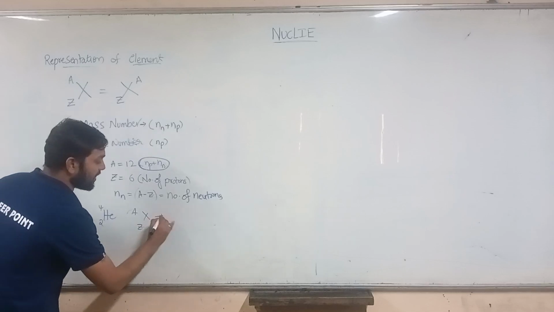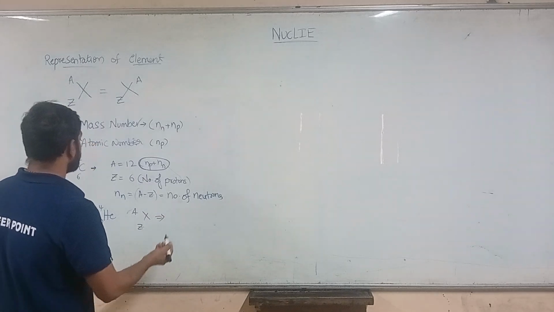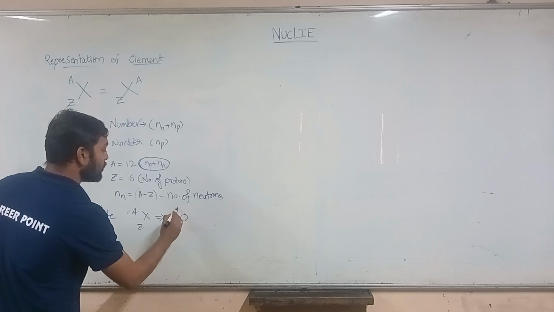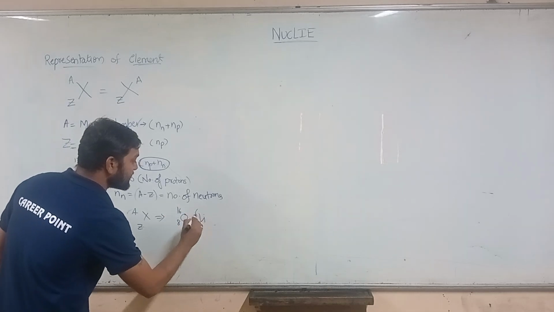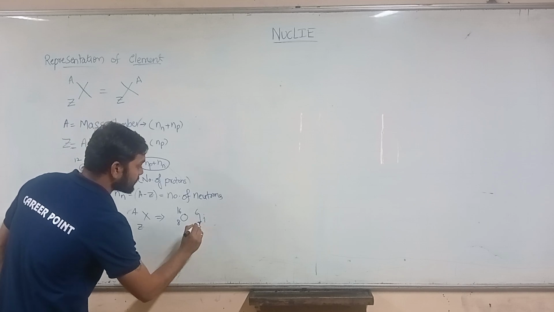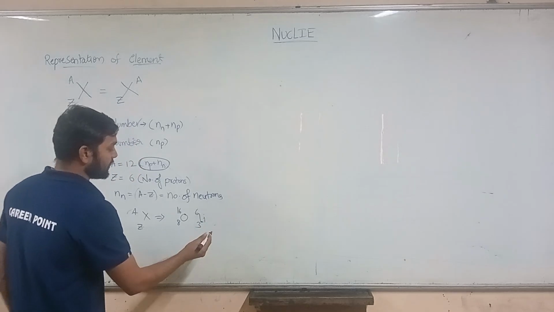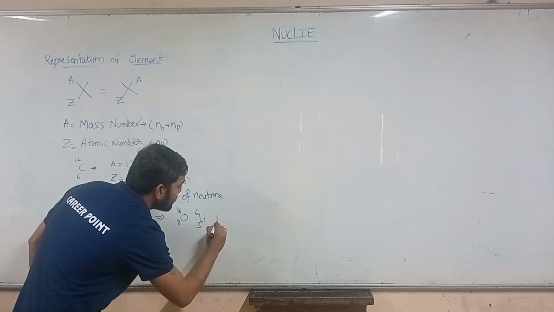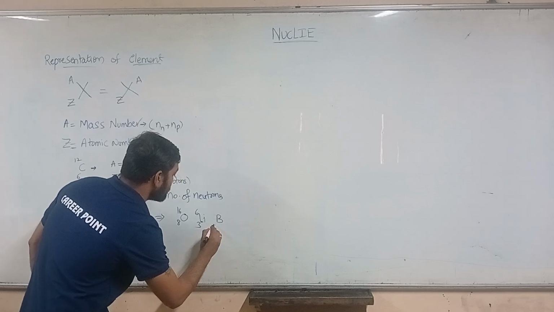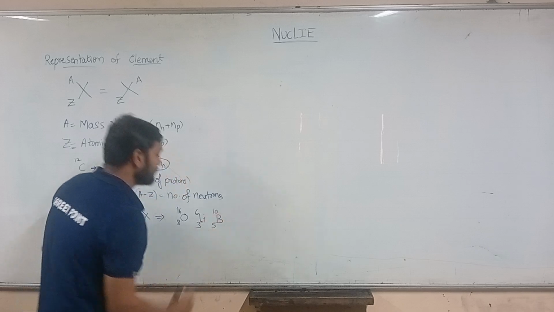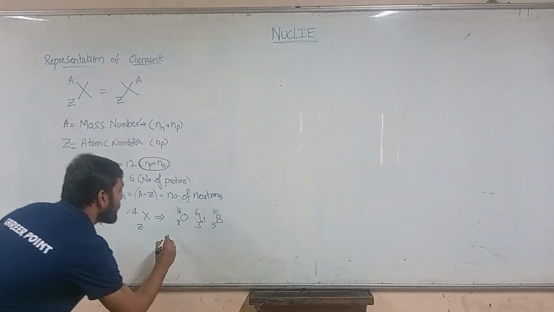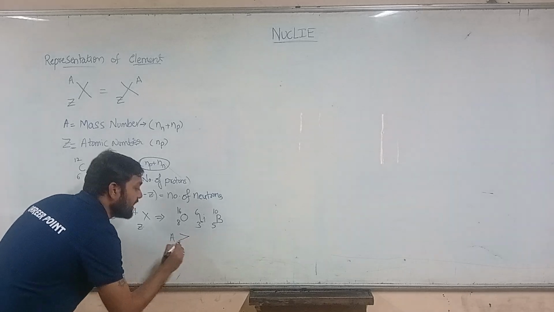Let us consider some examples: oxygen with 16 and 8, lithium with 6 and 3, and boron with 10 and 5. So is A always greater than Z?